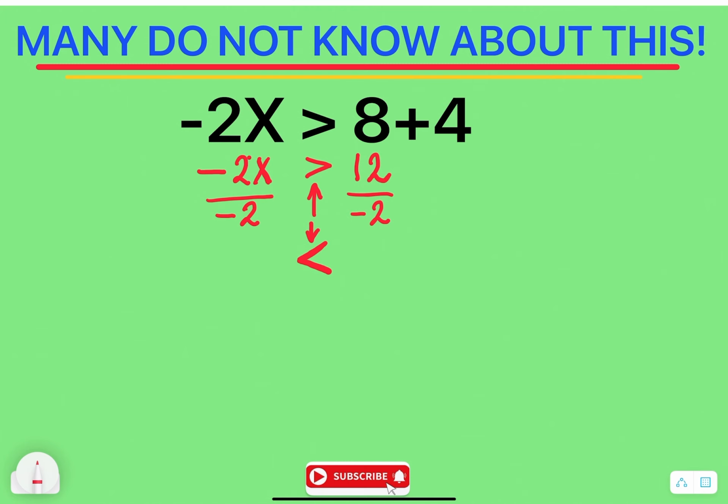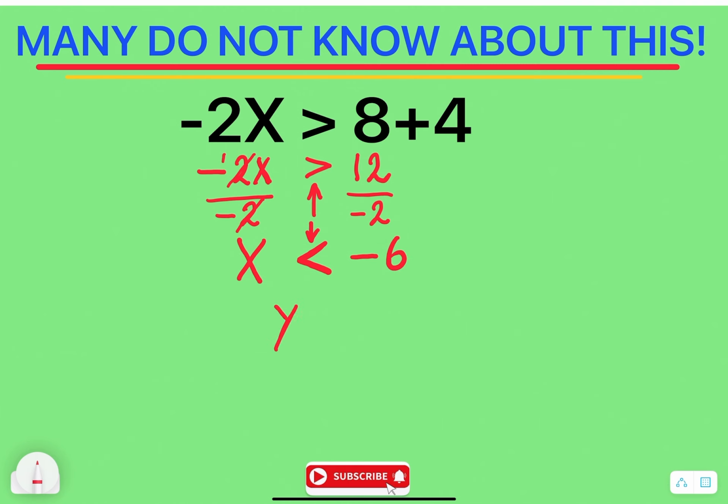So negative 2 will cross out with negative 2 and be 1x, but usually we don't write 1 as a coefficient in front of a variable. We will just write down x. X is smaller than 12 divided by negative 2, which is negative 6.